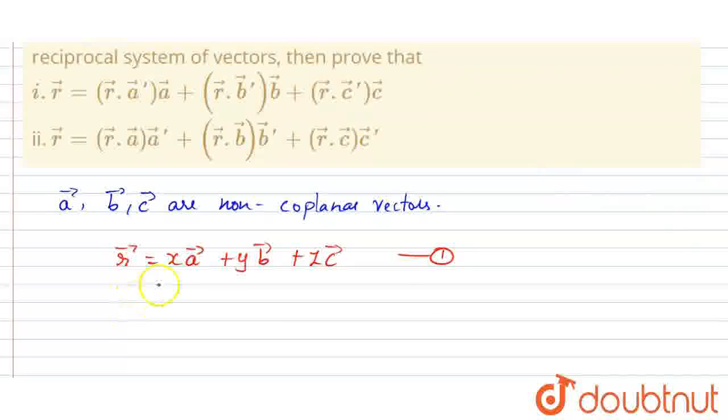Now I'm going to multiply A dash vector with the first equation, taking the dot product.